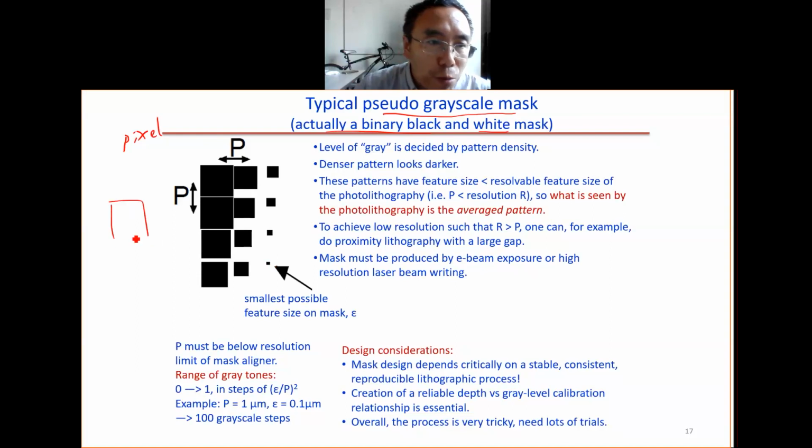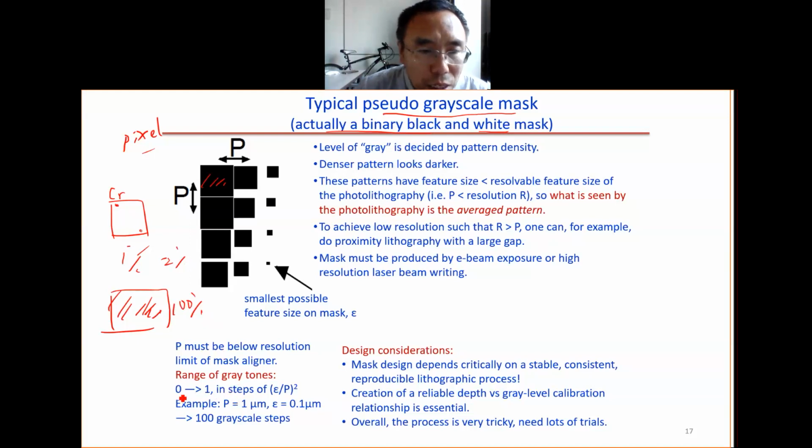For example, if this is one pixel, and we have one chrome spot here, then we say a 1% grayscale. If we have another spot here, then this is a 2% grayscale. If the pixel is fully covered, like this, we say 100% grayscale.